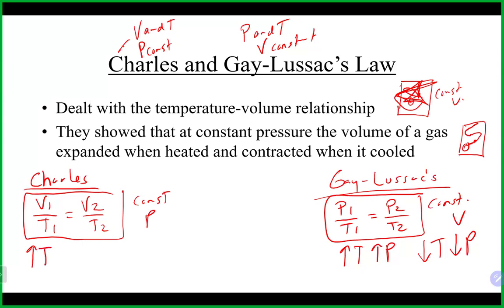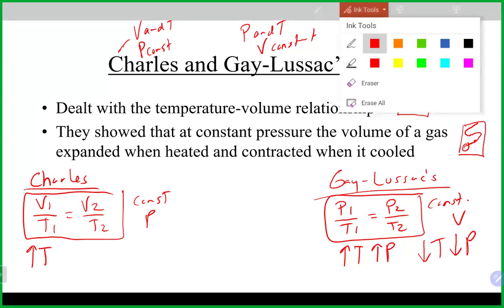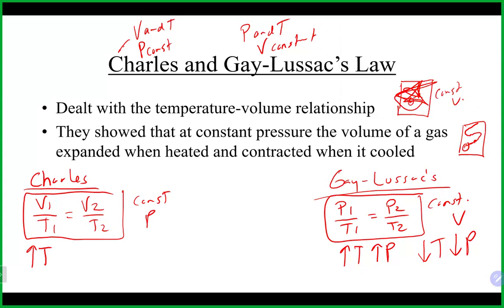If I increase the temperature like we saw over here on the right-hand side, and our volume was fixed, that is going to cause obviously a lot more collisions, and we would expect, like we see on the right, the pressure to start to increase. But we don't want the pressure to increase in this case. We wanted to keep it at constant pressure.